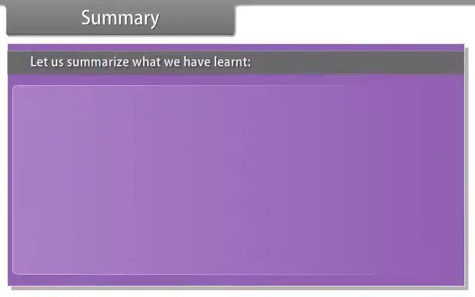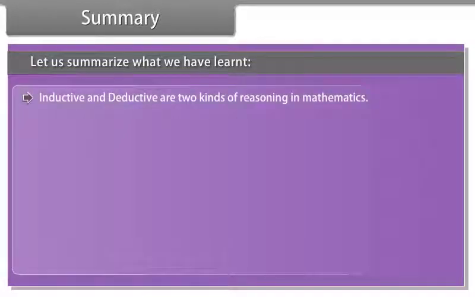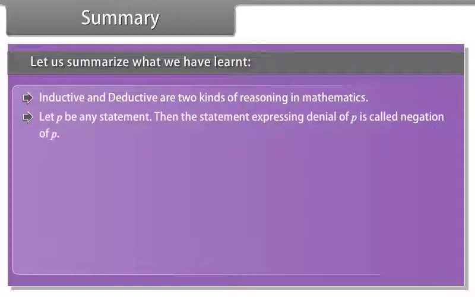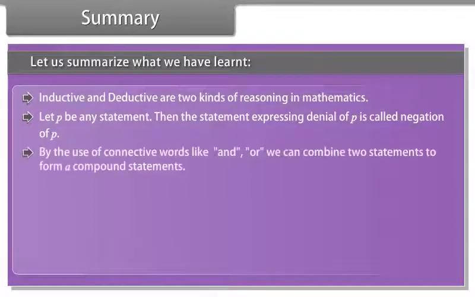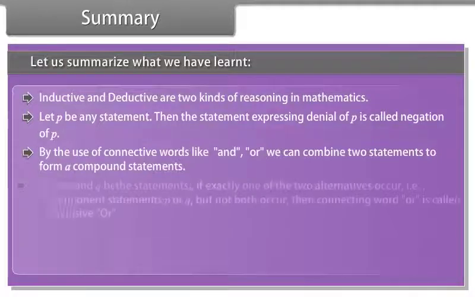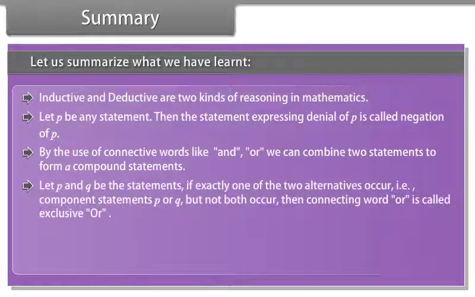Summary. Let us summarize what we have learned. Inductive and deductive are two kinds of reasoning in mathematics. Let P be any statement, then the statement expressing denial of P is called the negation of P. By the use of connective words like and, or, we can combine two statements to form a compound statement. Let P and Q be statements.